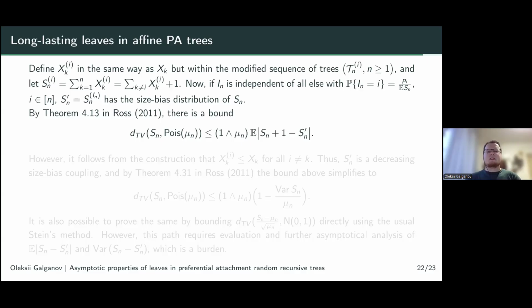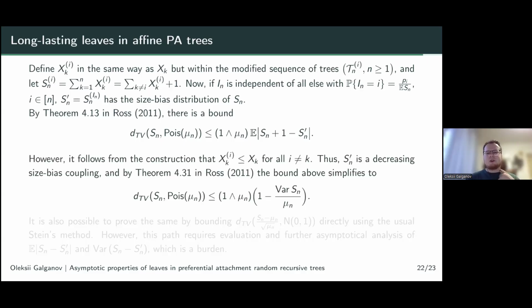But in this case, it follows from construction that these newly defined indicators are less than or equal to the original ones. So it means that such a coupling is a so-called decreasing coupling, and in this case, the bound that we have on the right side simplifies a lot, and there is no dependence on Sn prime.